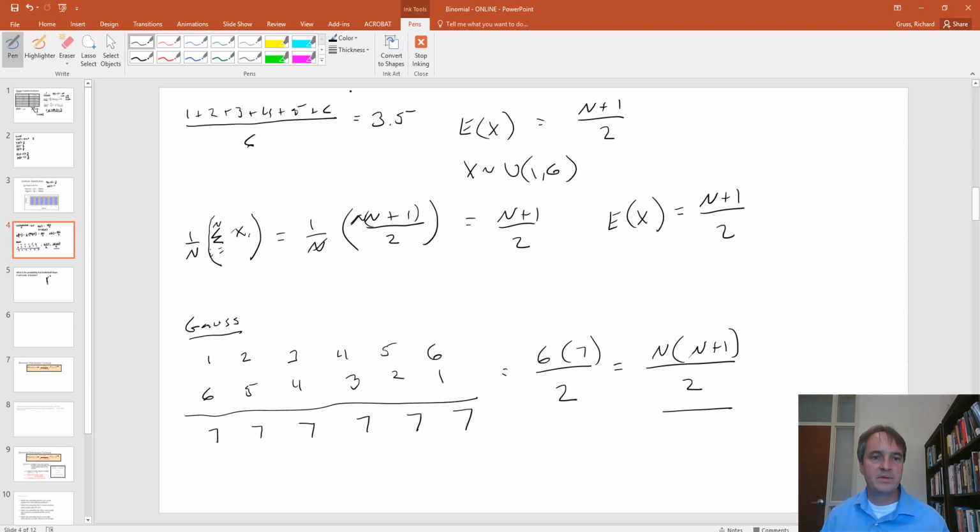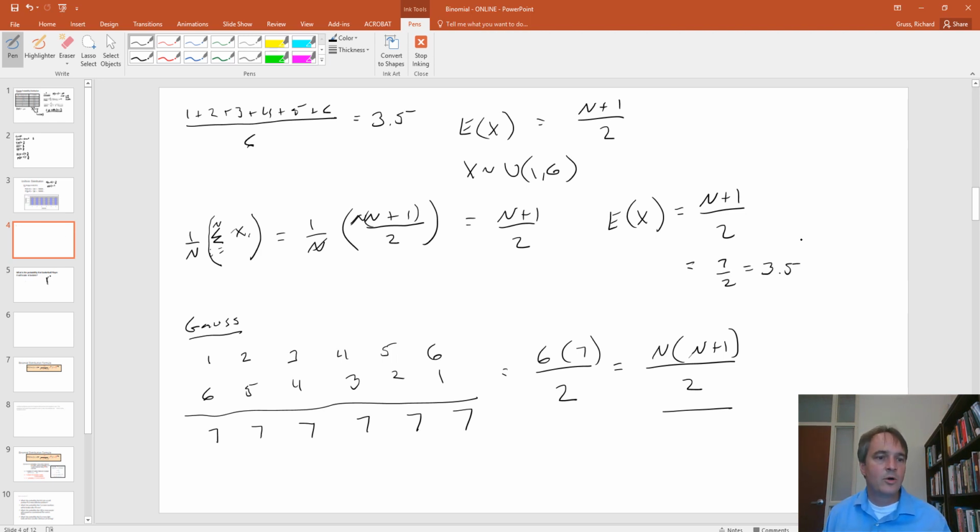So remember, when we did it the other way, we figured out that it was 3.5. This gives us a nice shortcut. So we have n is equal to 6, plus 1 is 7 over 2. So this was 7 over 2, which equals 3.5.